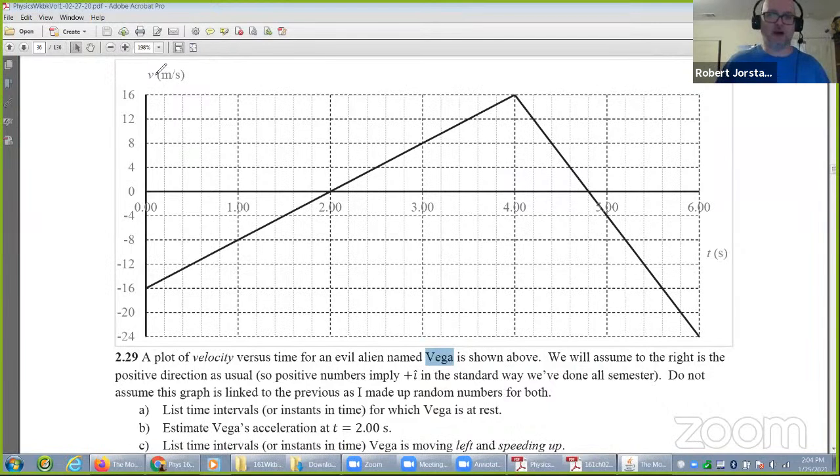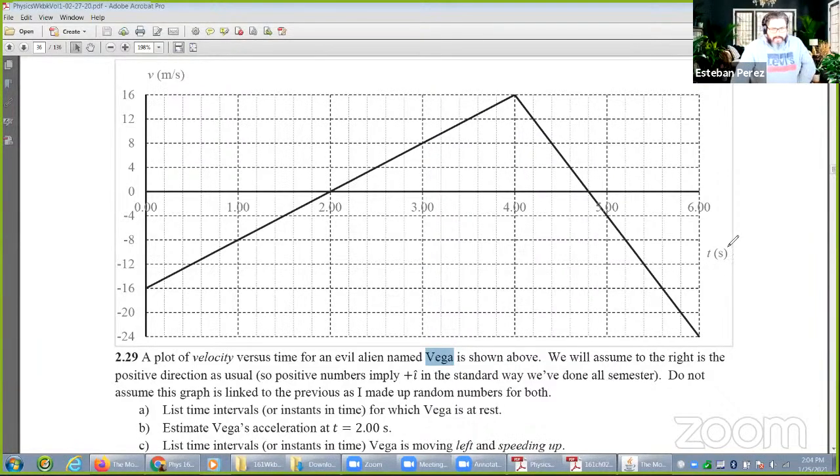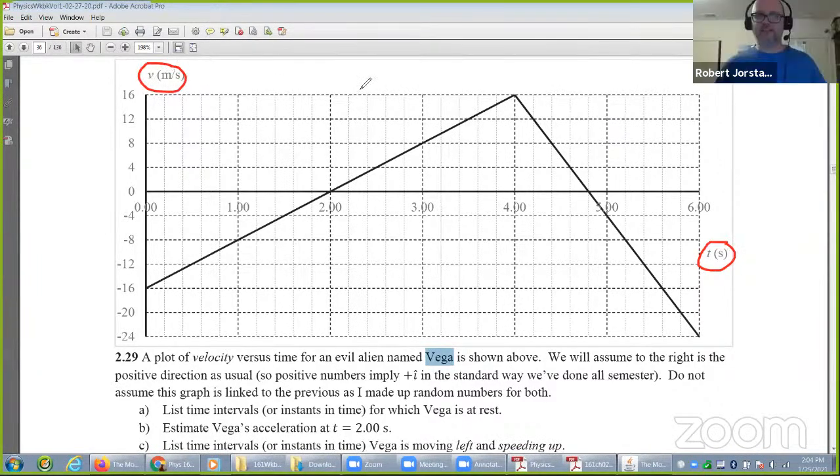Now, this problem, what's the first thing I'm going to ask you to look for, do you think? Before we do anything, what's something you should make note of? That it's a VT curve. Yeah, the type of plot. VT plot. Yeah, we've got a VT plot.